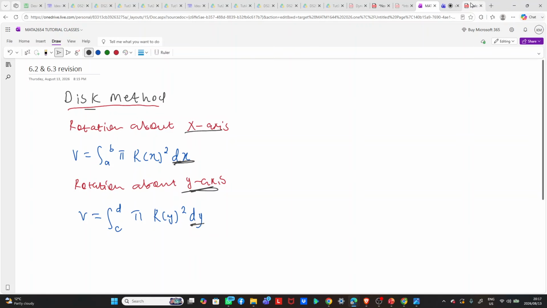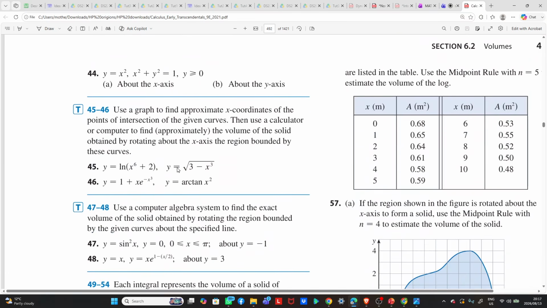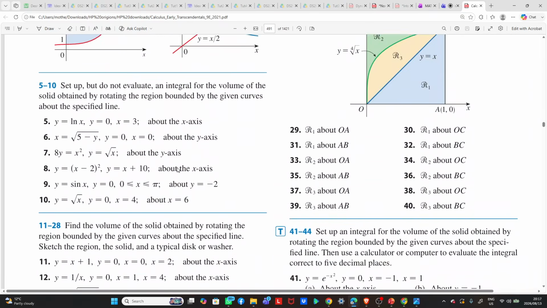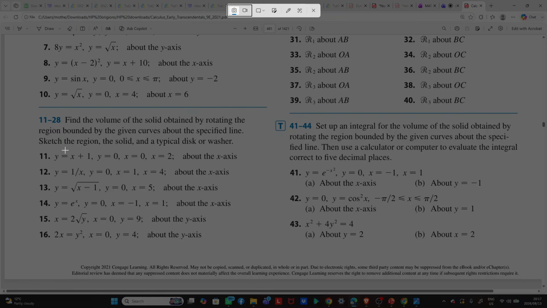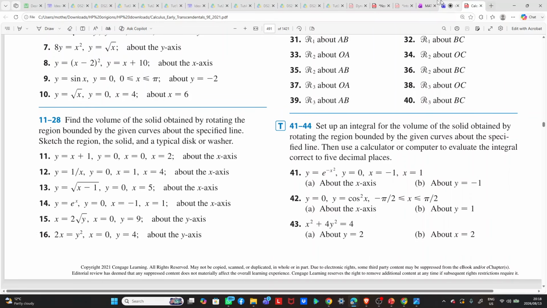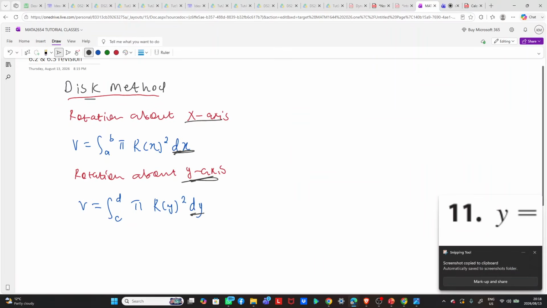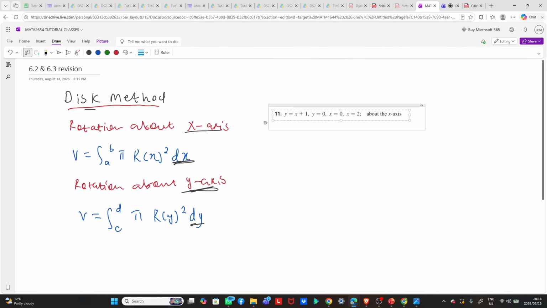So if we look at something like that, here you see that they gave you the line y equals x plus 1, y equals 0, x equals 0, x equals 2, about the x-axis, right?